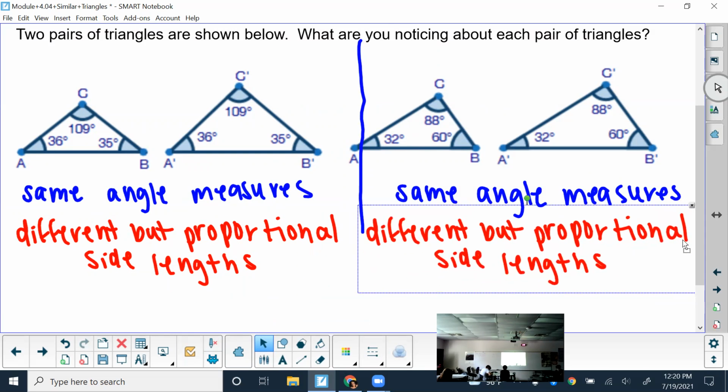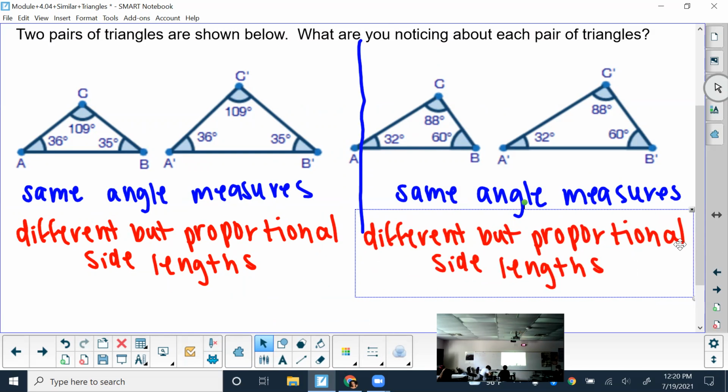Same thing, different but proportional side lengths. Questions about that? All right, so that's really the only two criteria you need to prove that two triangles are similar.